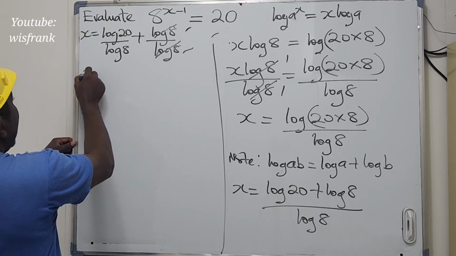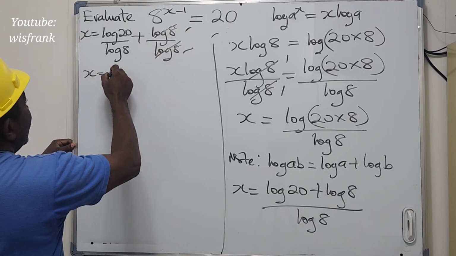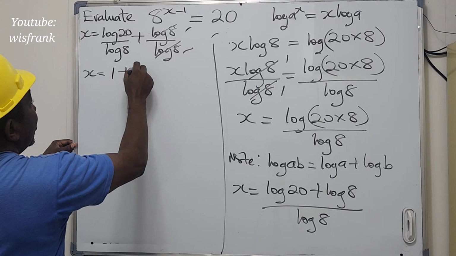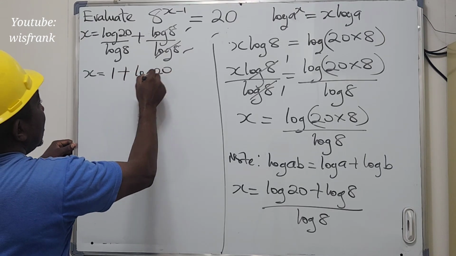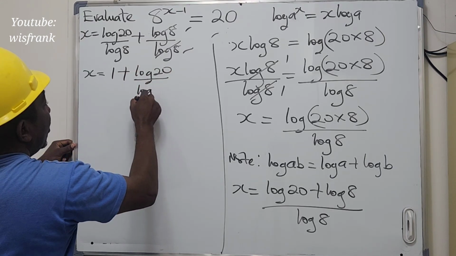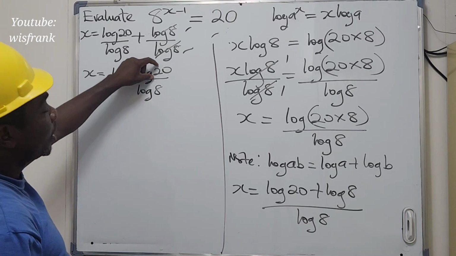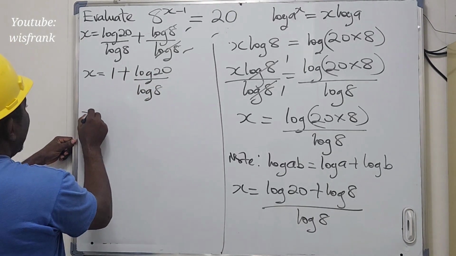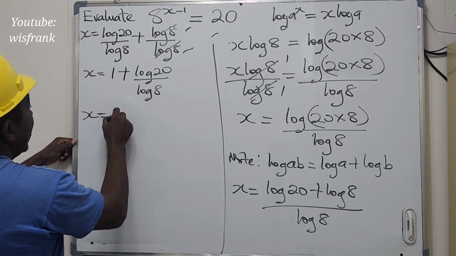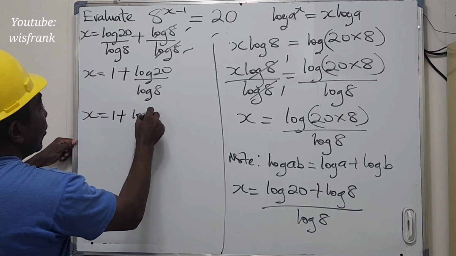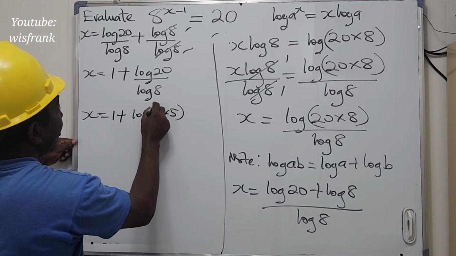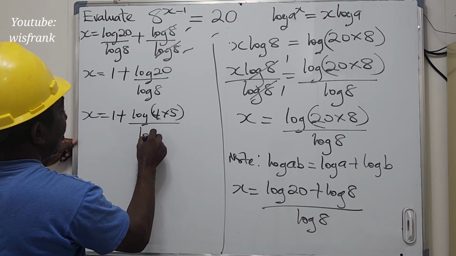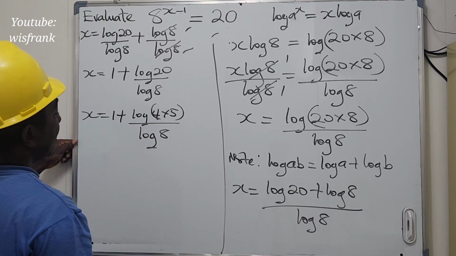We are now left with x equals to 1 plus log 20 all over log 8. 20 can be written as 4 times 5. So it will give us x equals to 1 plus log 4 times 5 all over log 8.